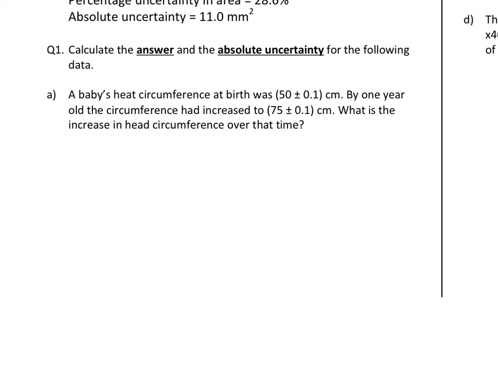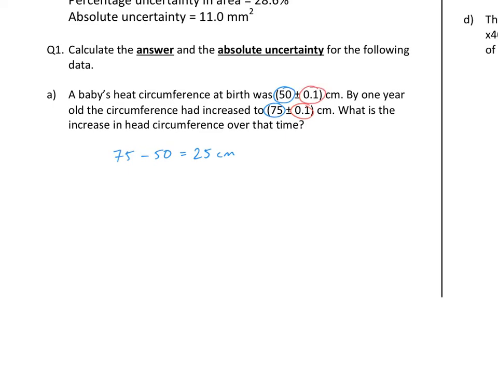So the increase equals 75 minus 50, which equals 25 centimeters. Okay, so that part is done. I've used that number and that number. Now I'm going to switch to using the uncertainties. They're both plus or minus 0.1.